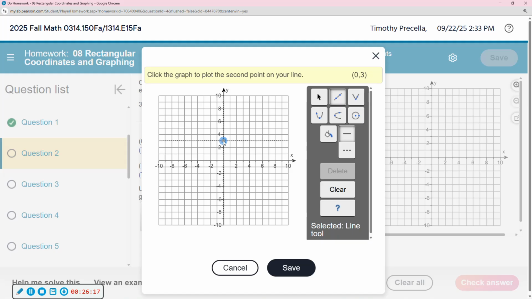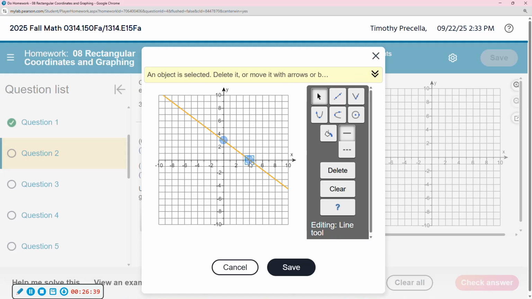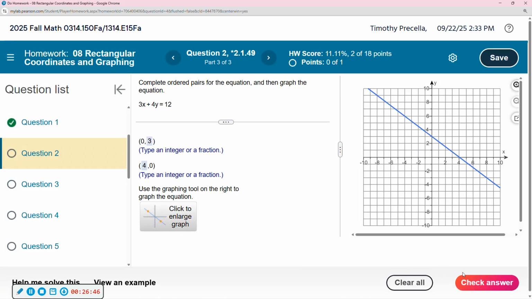Notice the ordered pair is stated up in the upper right hand corner of the yellow rectangle. And what was that other point? 4, 0. That would be the x-intercept. Notice how it's intersecting the x-axis. Click Save, and check.